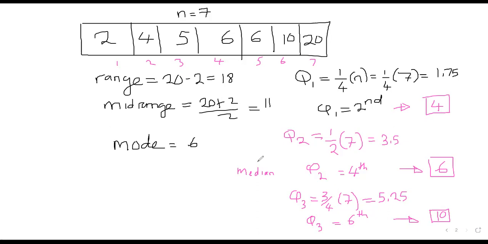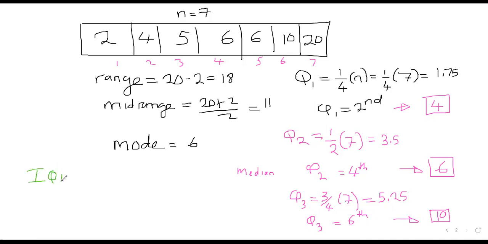So if we have found the 6th position, which is 10, then we can find the range of the quartiles. The range of the quartiles has a special name. What is the special name? Interquartile range. Good.